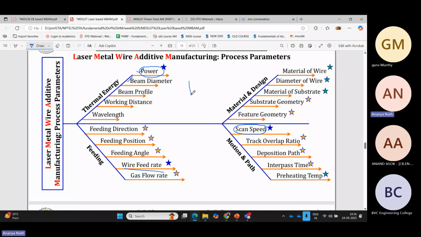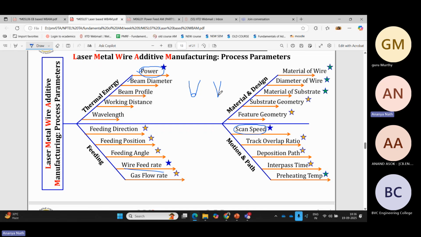Because if your laser is like this, or like this, the spot diameter will give me how much power density is coming at the deposition.